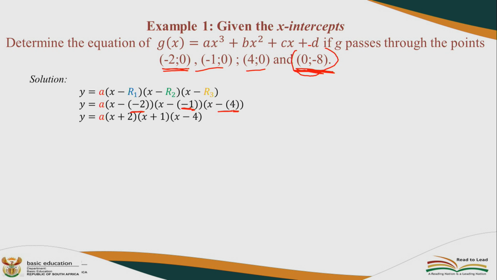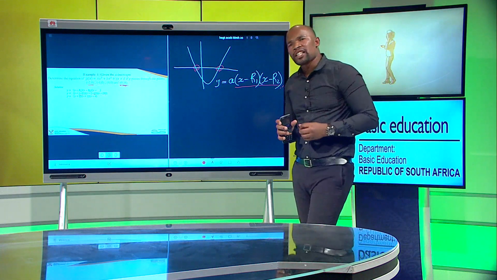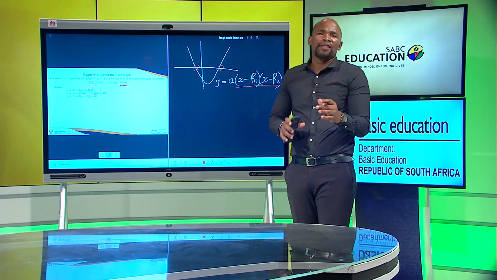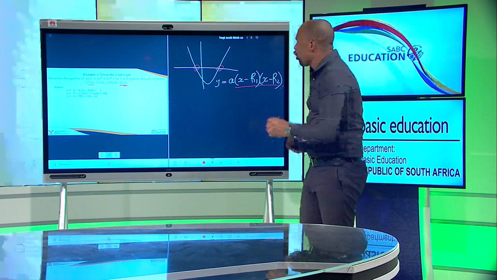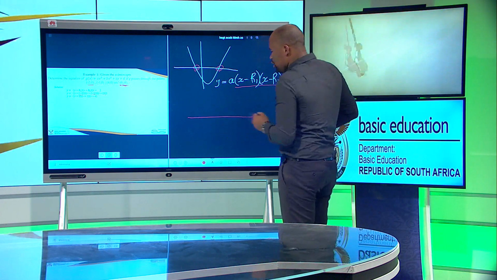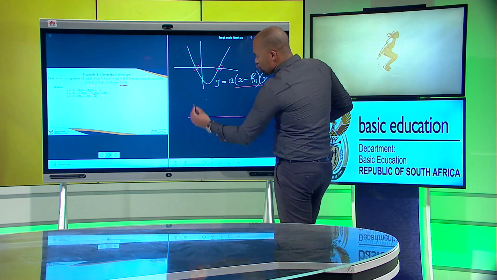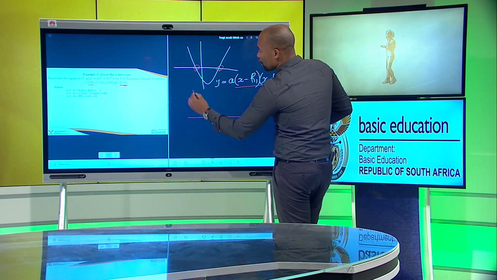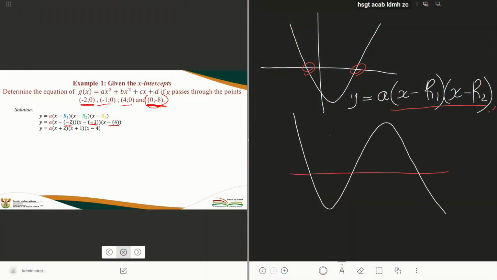How can I get the value of a? I need any given point on my function. Where am I given another x value or another coordinate? Already we were given those roots. Is there any point given?